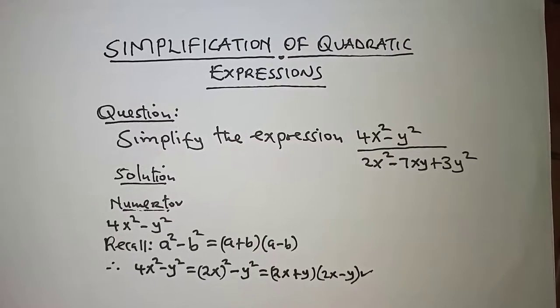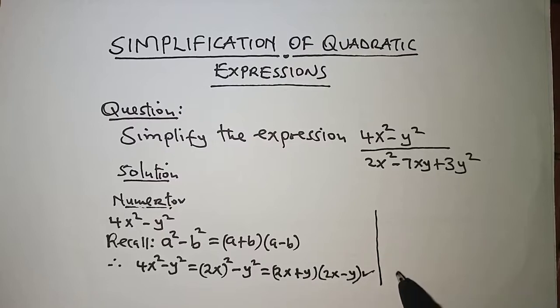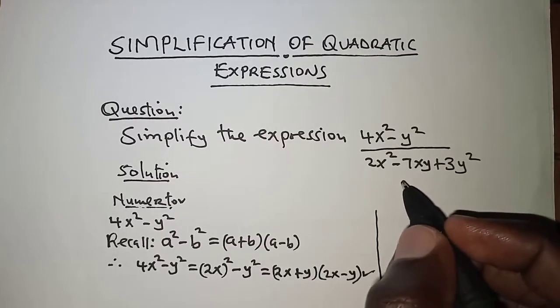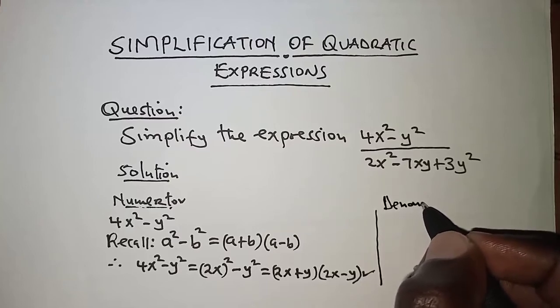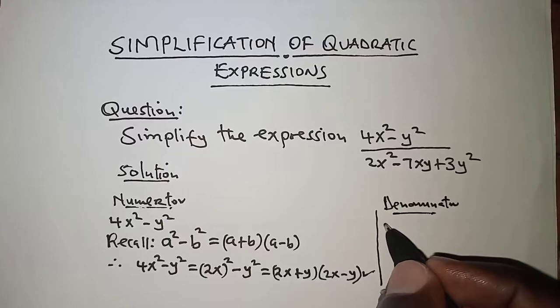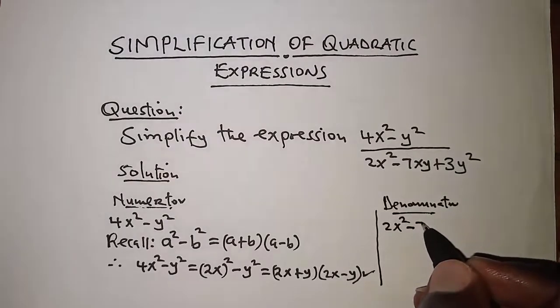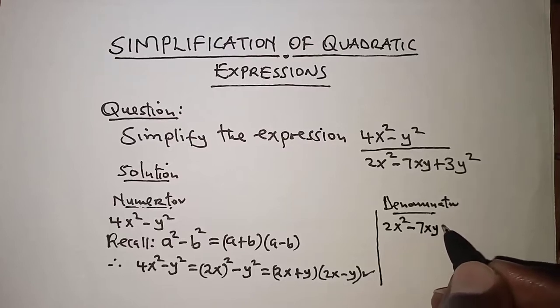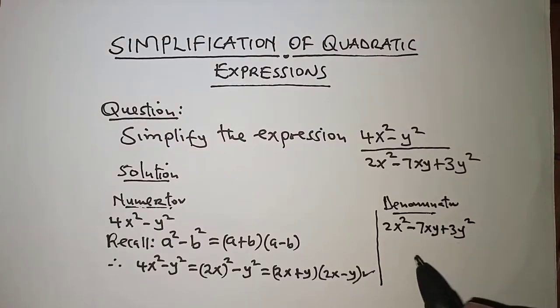Next, we work out the denominator. So on the denominator, we have 2x squared minus 7xy plus 3y squared.